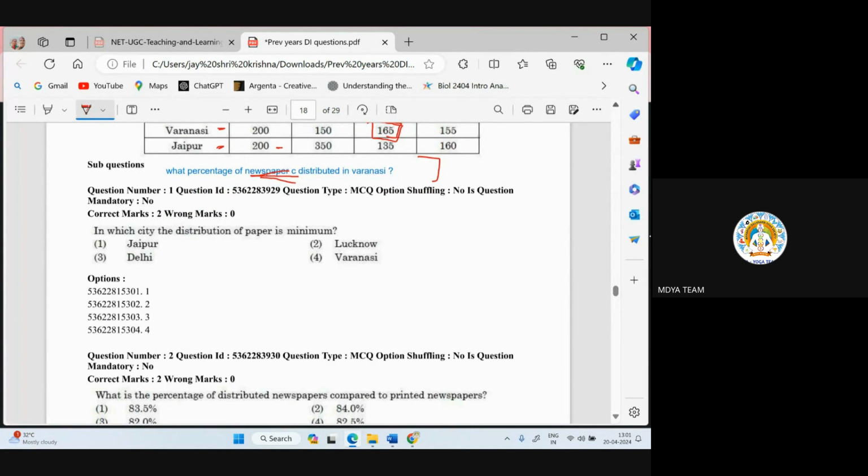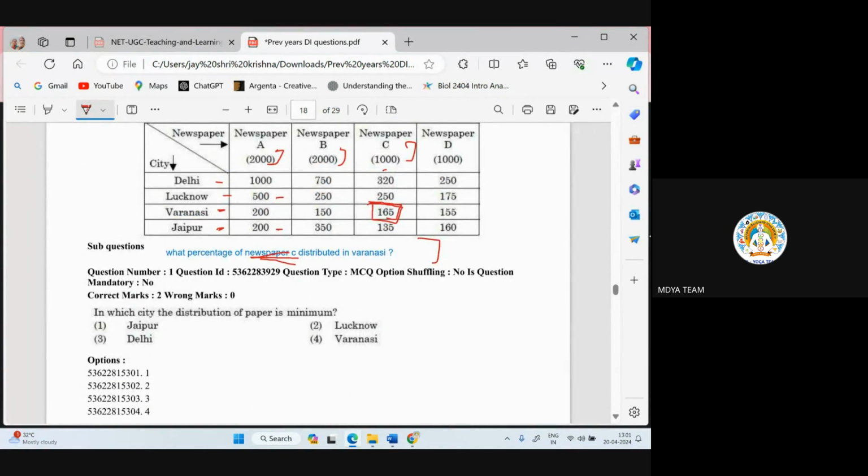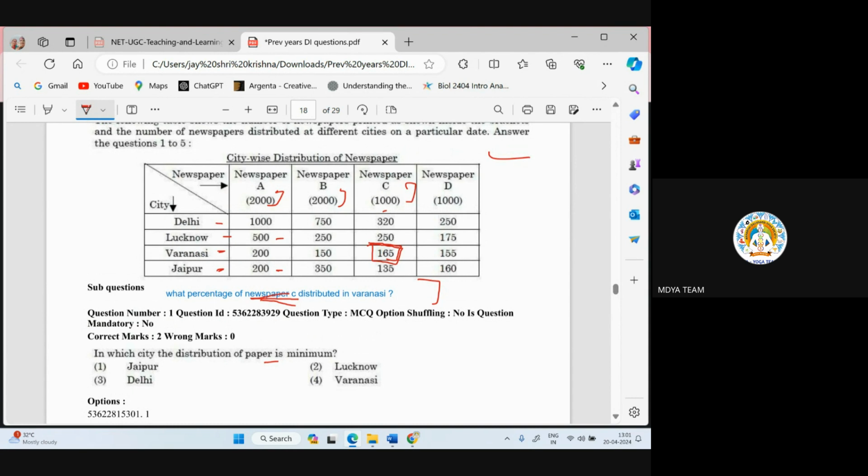Now, in which city is the distribution of paper minimum? Sir, Jaipur. I think Varanasi. Okay, you don't need to give the visual answer from looking at the table.